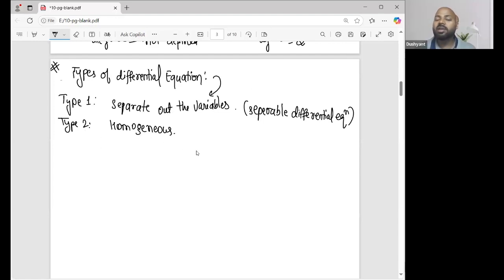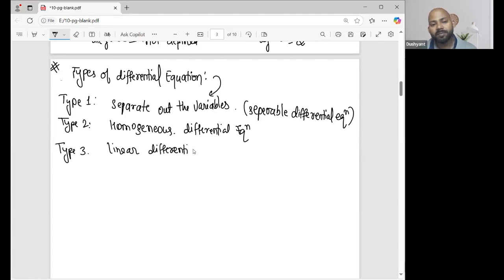Second type will be homogeneous differential equation. Third will be linear differential equation. The types of differential equations are separate out variables, homogeneous differential equation, and linear differential equation.